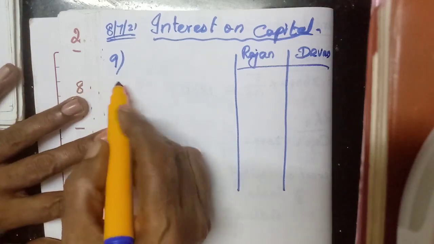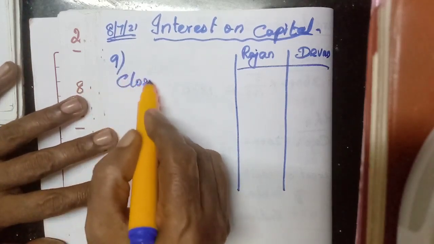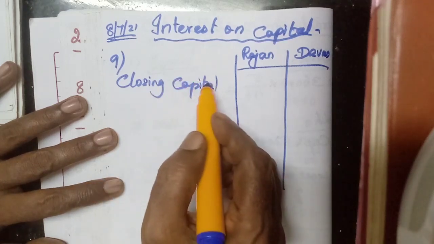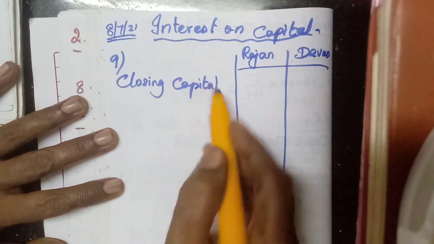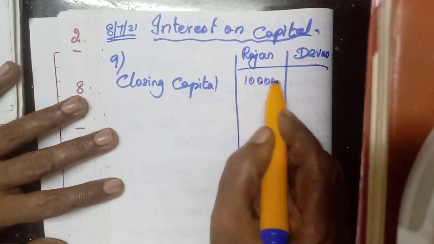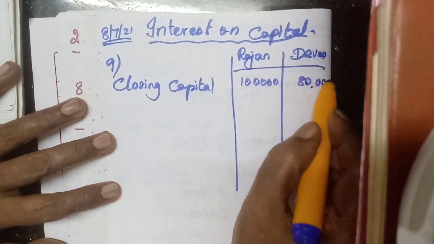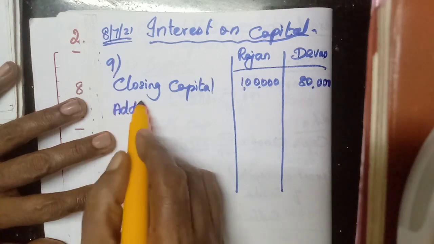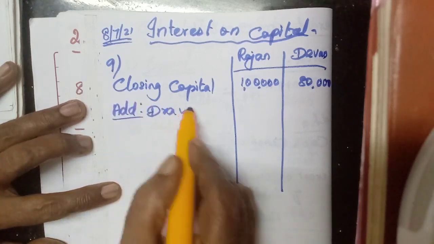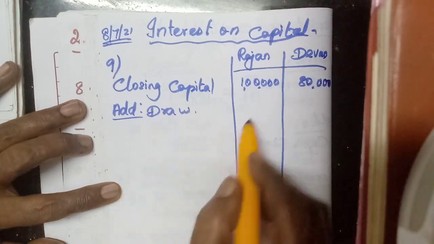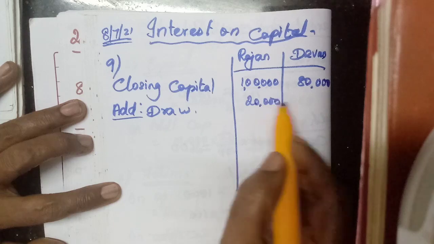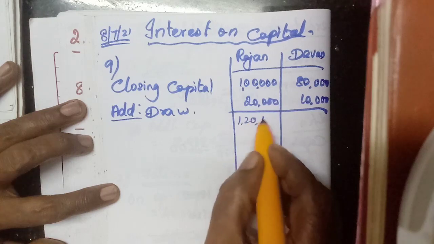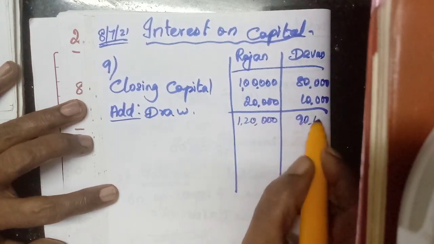Okay, first closing capital. That is given in the balance sheet, isn't it? 1,80,000. Okay, then add drawings. Drawings: how much? 20,000 and 10,000. So 1,20,000 and 90,000.